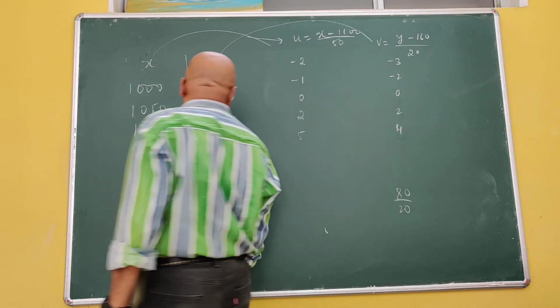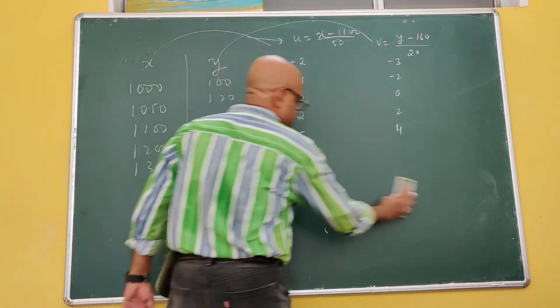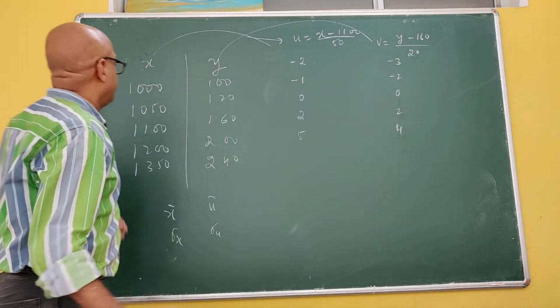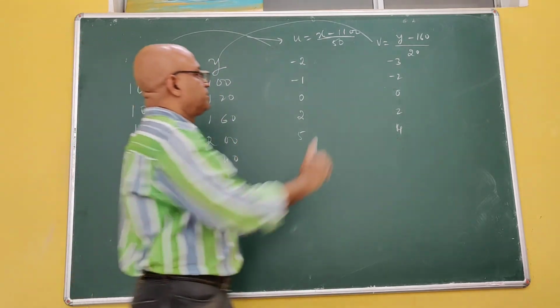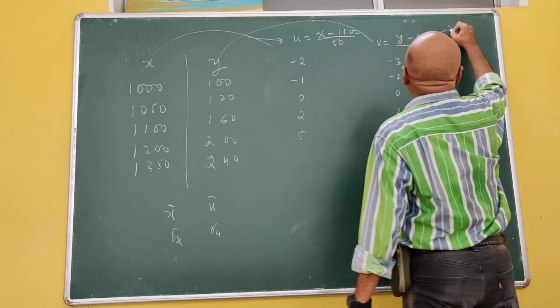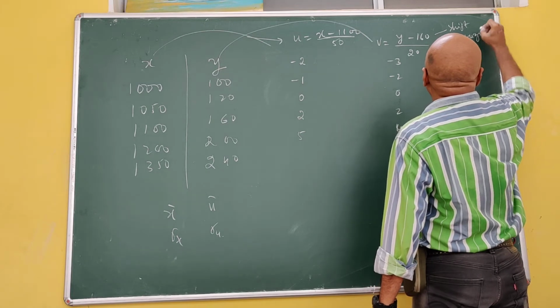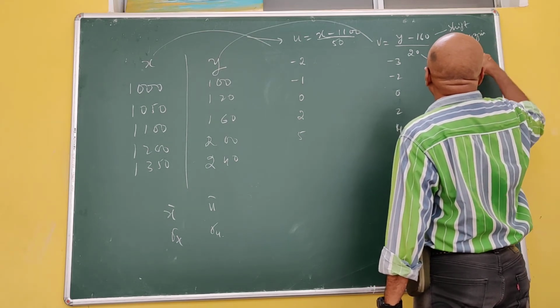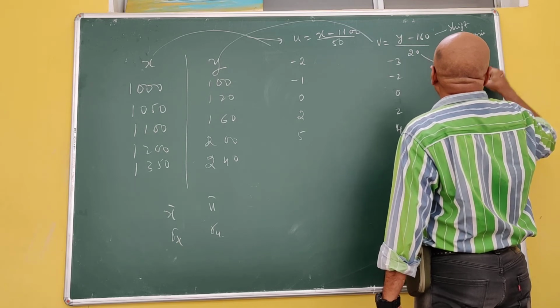Right? Yes, right. So my question now is, if I have big numbers and I reduce them by subtracting, which is called shift of origin, and dividing, which is called change of scale.